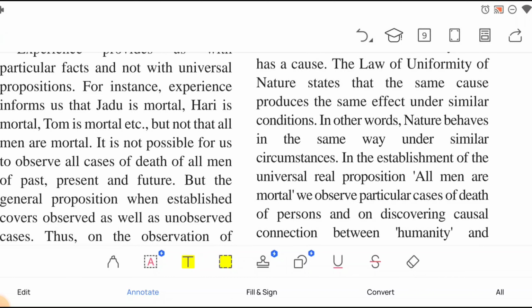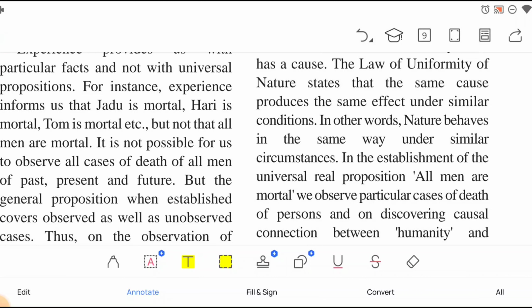From that we can conclude that all men are mortal, because we have seen people dying. We have fewer observations because we cannot predict about future people, right? We cannot observe that we will die.